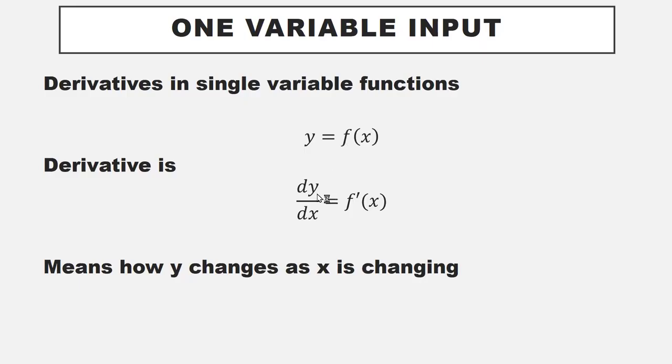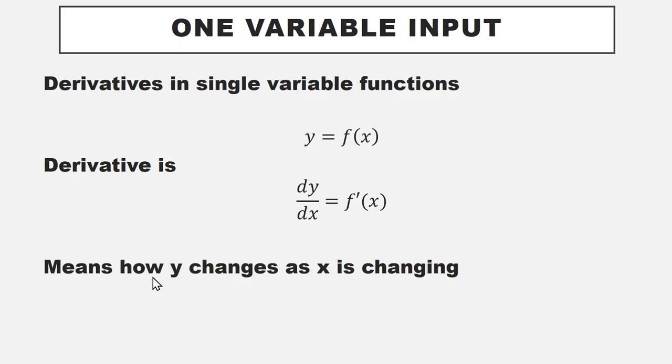And the derivative we could write as dy over dx, which is really giving me the change in y over the change in x. Notationally, we used f prime of x for the derivative. And what that told me was the slope of a tangent line. Remember, derivatives give the slope of the tangent line.